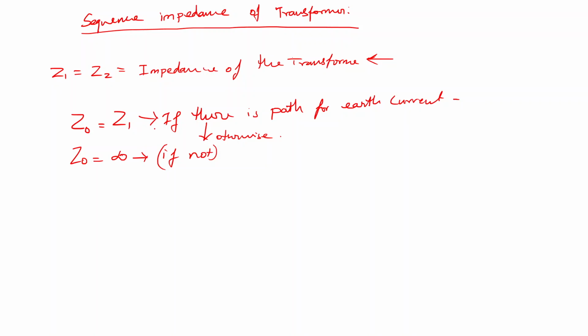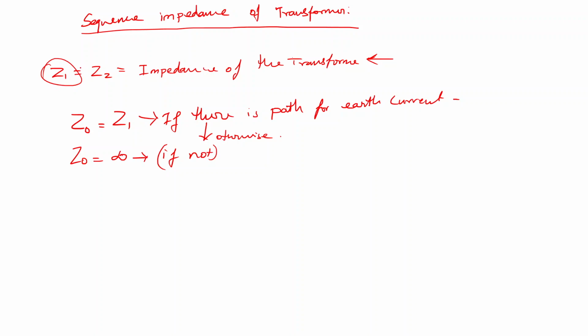So if a closed path or the earth current path is there in the transformer, then we will say Z0 is equal to Z1. In that case, all these three will have the same value. So we don't want to find out all of Z1, Z2, Z0. Just straight away take only Z1 and then stop. For a transformer, it is very simple.